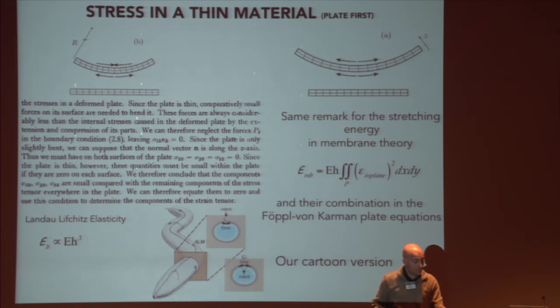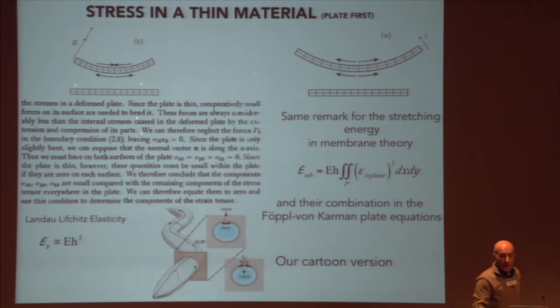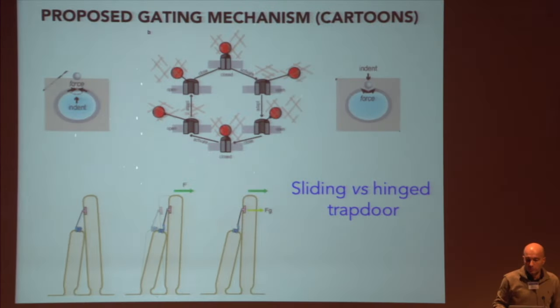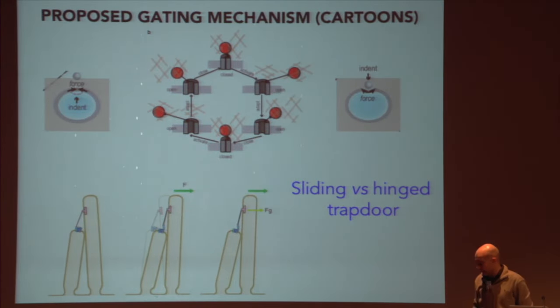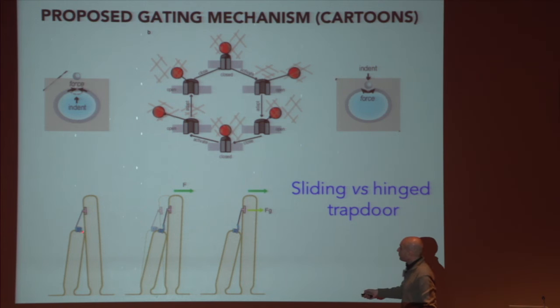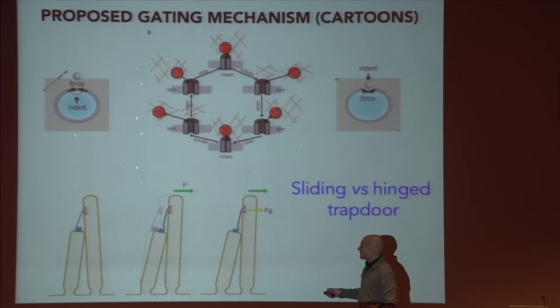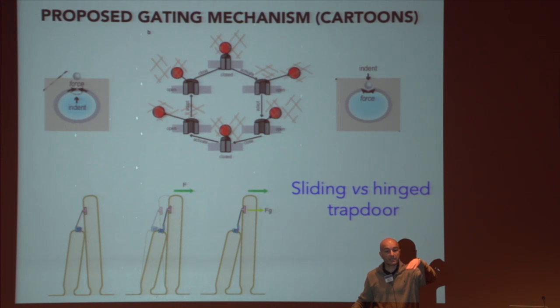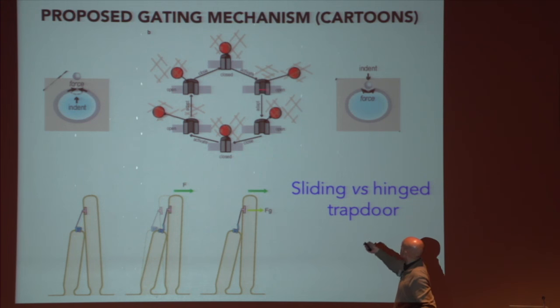Okay? So this suggests a gating mechanism, which in cartoons is the following one. You remember this Hudspeth model of the trapdoor, which is going up and down, which is getting raised by the link. Now, in our case, we have the symmetry of the force which is swinging in the opposite direction.